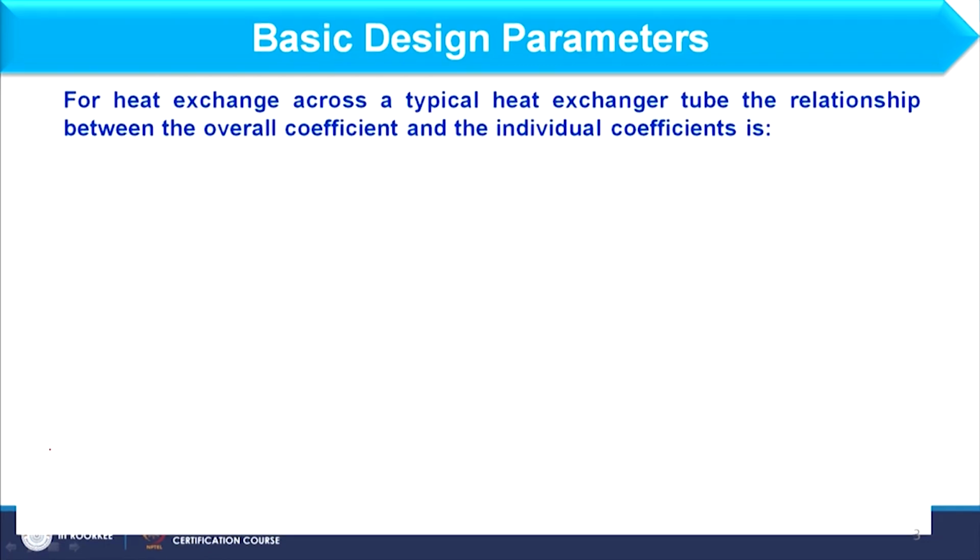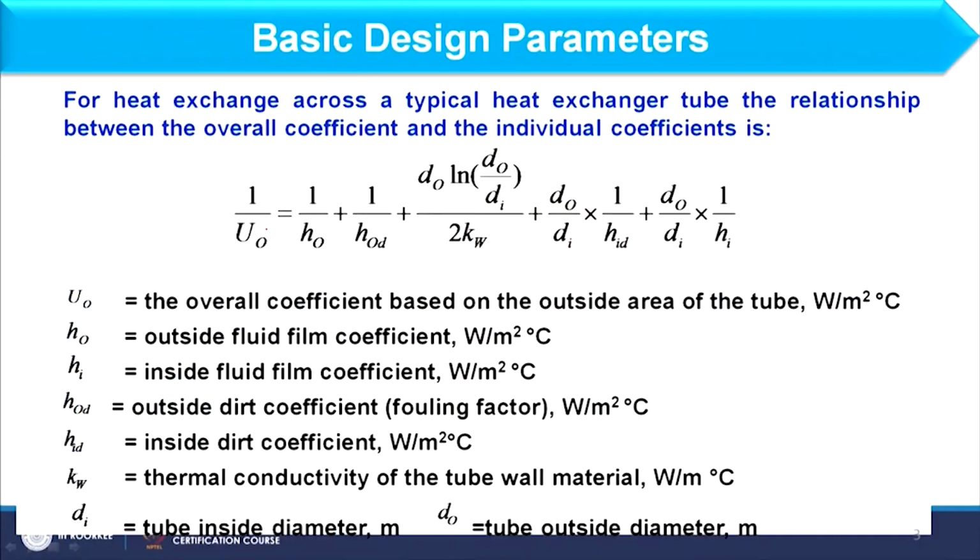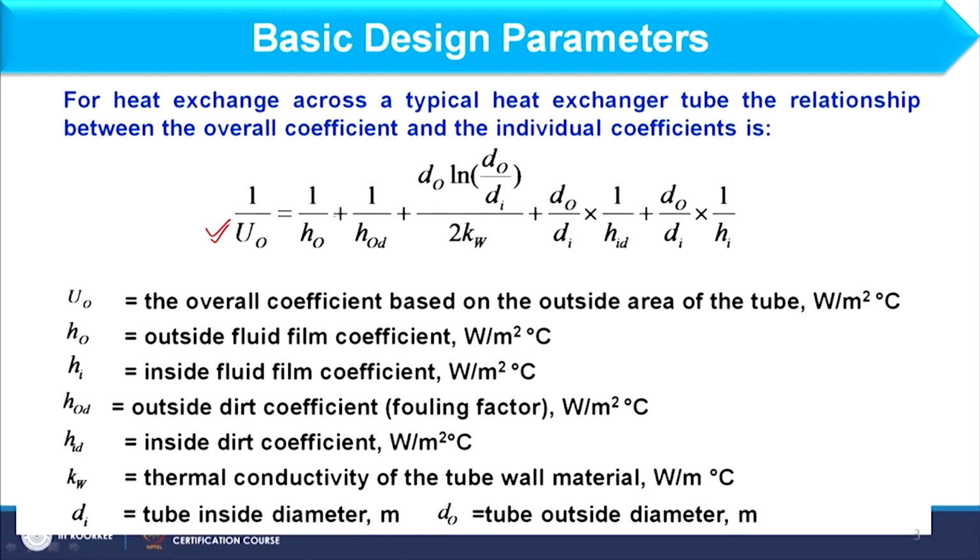Fine. So, if I ask you what are the total terms or parameters included in the overall heat transfer coefficient when it is related to individual coefficients, the expression will be like 1 by U naught, that is the overall heat transfer coefficient, will be equal to the film heat transfer coefficient at the outer layer of the inner pipe, that is with the fluid.